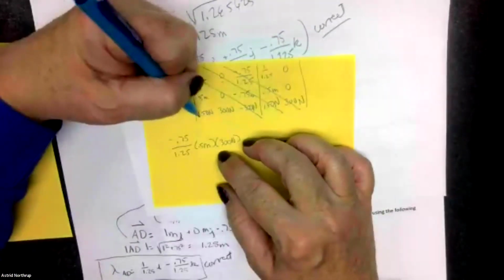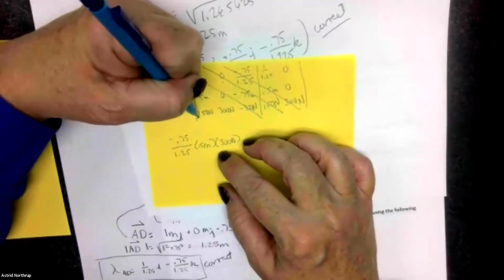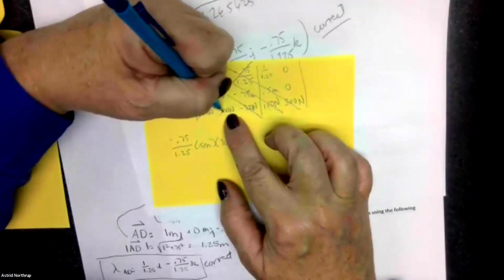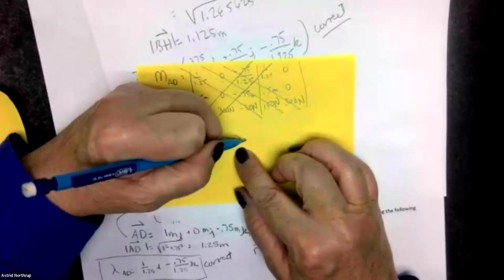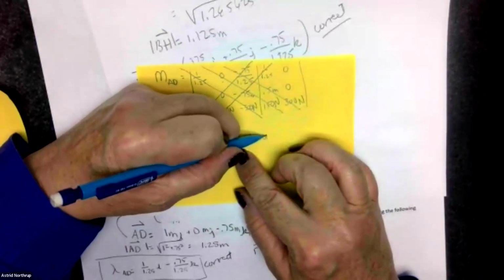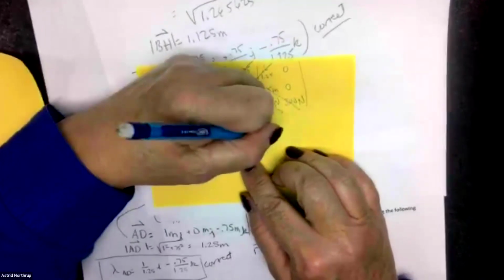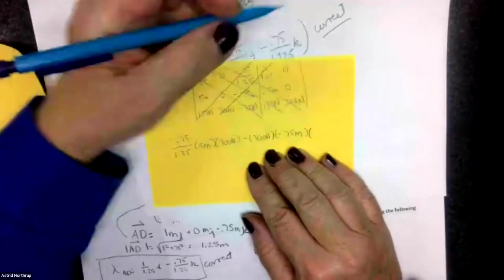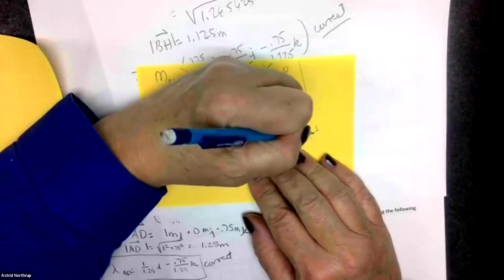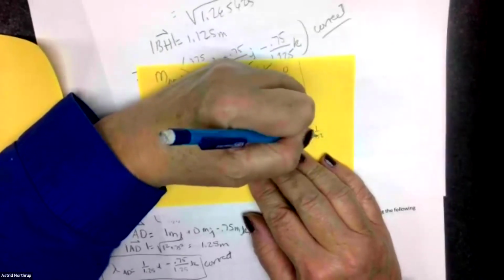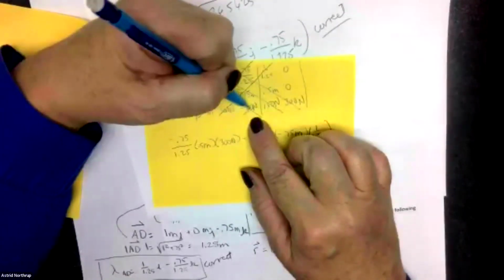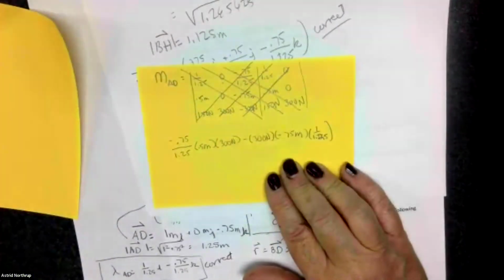And now I go the opposite way from lower left to upper right. That one is 0. This one is not 0. But it's minus because of the direction of travel: 300 newtons times minus 0.75 meters times 1 over 1.25. And then last but not least, I have another 0 term.